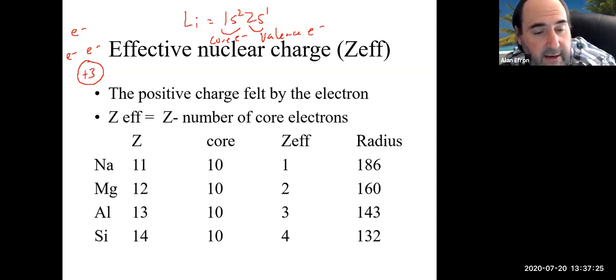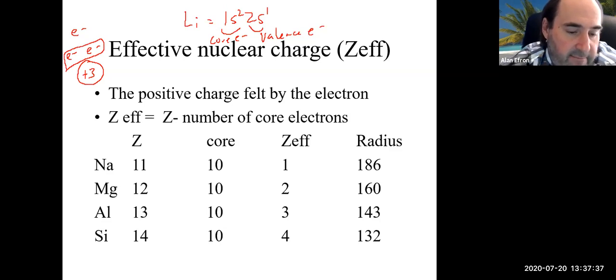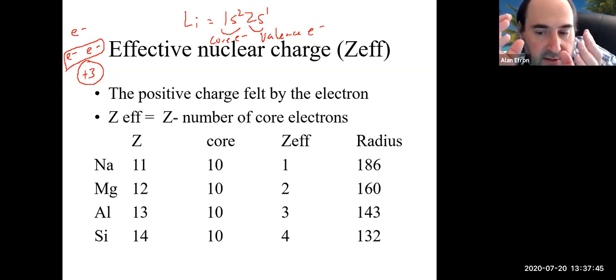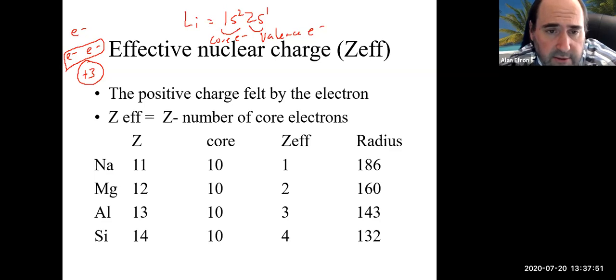The reason for that, or part of the reason, is a little bit about the effective nuclear charge. These electrons here are closer to the nucleus. They're in a lower energy level. They pretty much feel the full brunt of that positive 3 charge. And remember that as the charges get larger, the strength of the attraction also gets stronger.